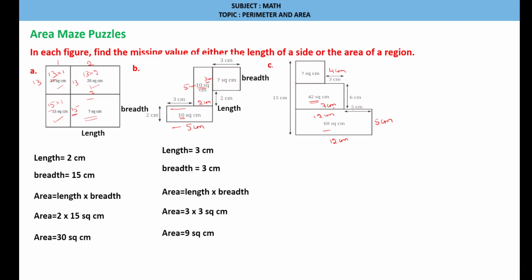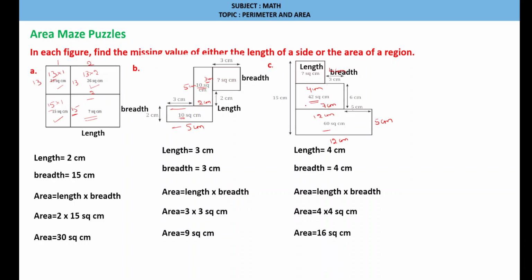Here, this is 7, 7 minus 3, 4 centimeters. Therefore, the length is 4 centimeters and the breadth is 4 centimeters. Area is equal to length into breadth, 4 centimeters into 4 centimeters, 4 square centimeters. Therefore, area is equal to 16 square centimeters.